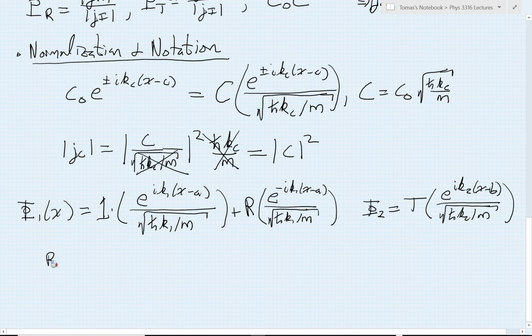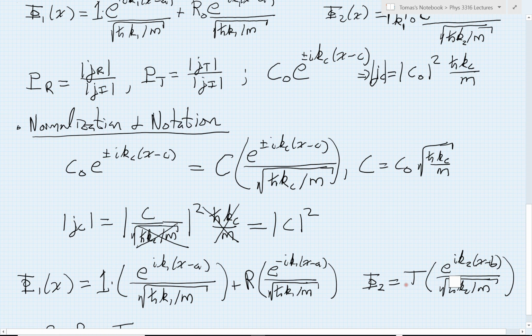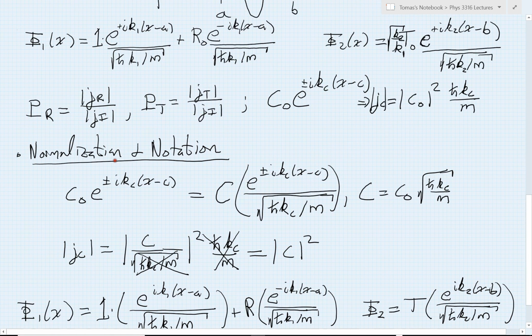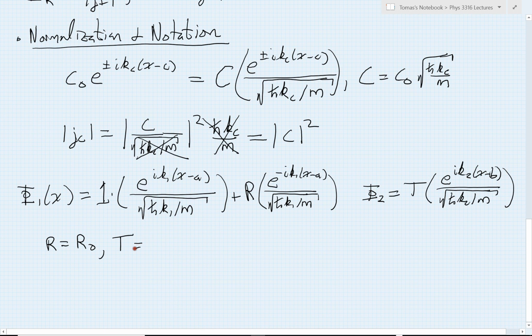So in fact, r will equal the old r naught. But the new t that multiplies this waveform with the K2 in the denominator has a slight adjustment. It's t naught times this square root factor. So that will equal t naught times the square root of the K2 that had to go on top divided by the K1, like so. Now, that's how we can get to this form.